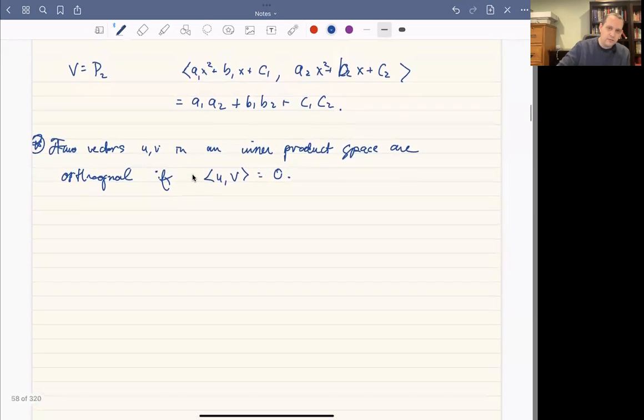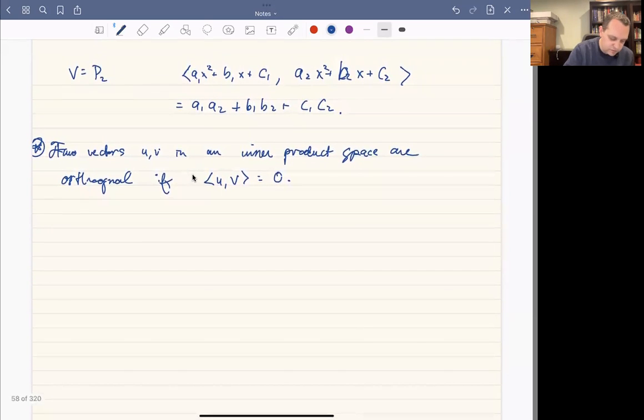And we can talk about the length of a vector. From now on, to write this as clearly as I can, the length of a vector u, I'm going to write with 2 lines. In the previous videos, I took the length of a vector in Rn and wrote it with absolute value bars, just a single line on either side. I'm going to use 2 now to reflect that the length of a vector in an inner product space is a little bit more general than just the length of an actual vector in Rn.